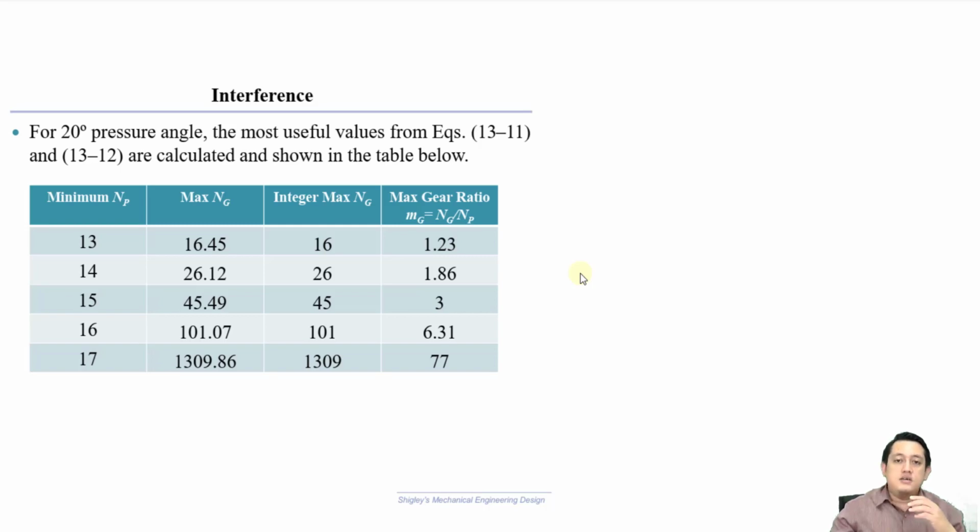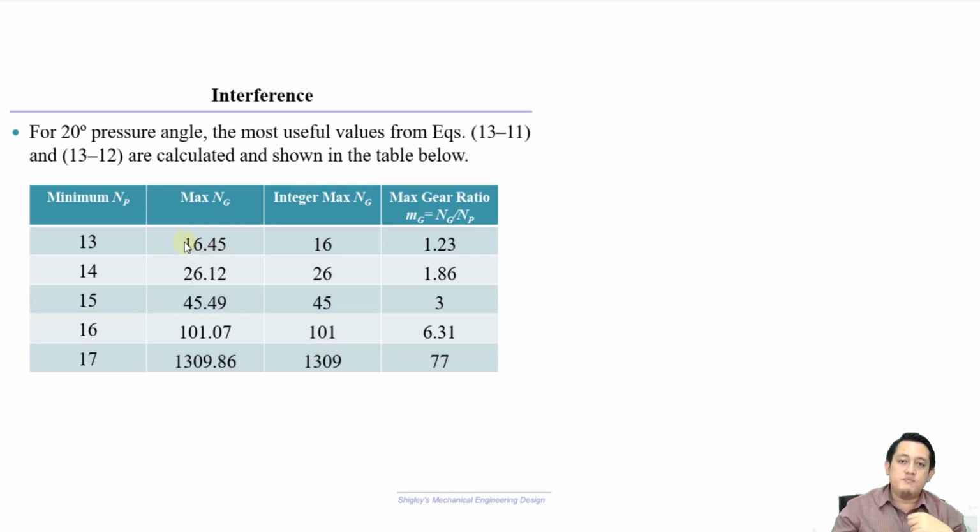So based on the equation 13-11 and also 13-12, for a 20-degree pressure angle, this is the result. The minimum of NP when we set it to 13 here, the maximum number of NG, meaning the maximum size of the gear that we can pair with the pinion, is 16.45.